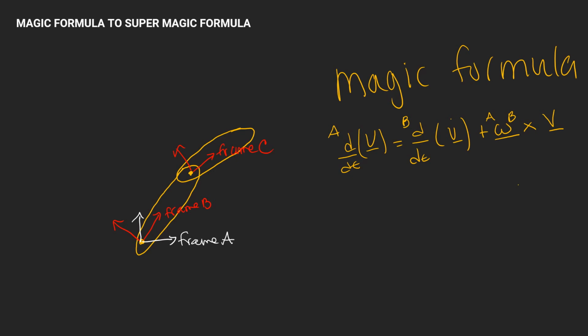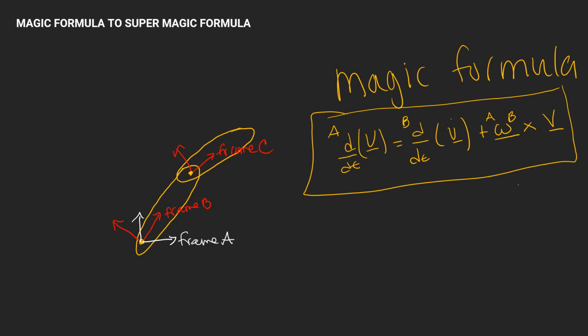In the problems you solved last week, you hopefully used this formula when solving for the velocity or acceleration of a point using multiple reference frames. This week, I'm going to introduce the super magic formula.